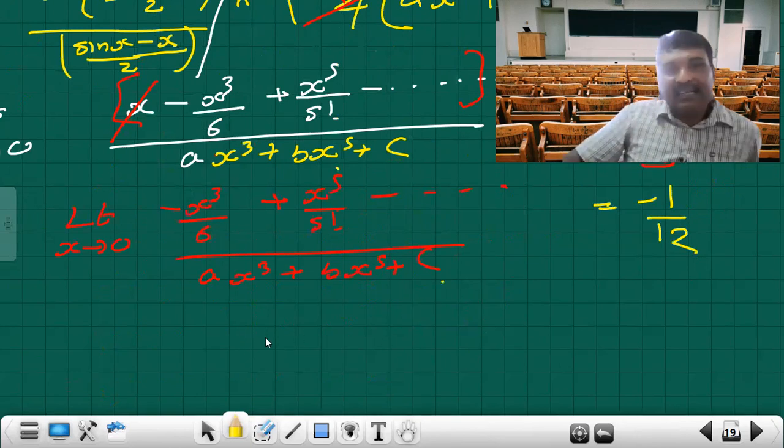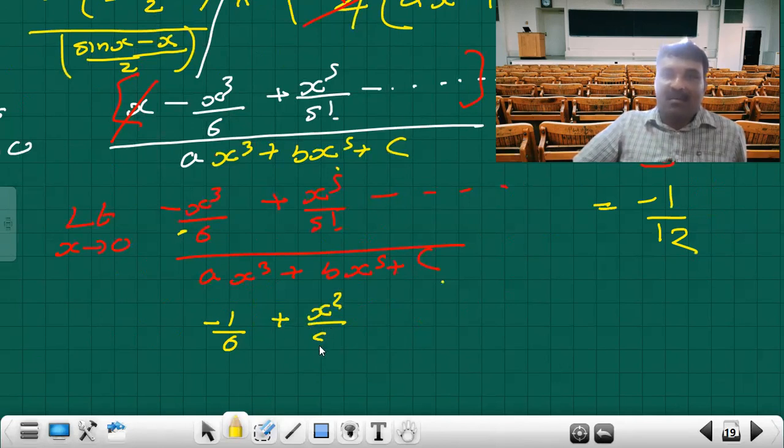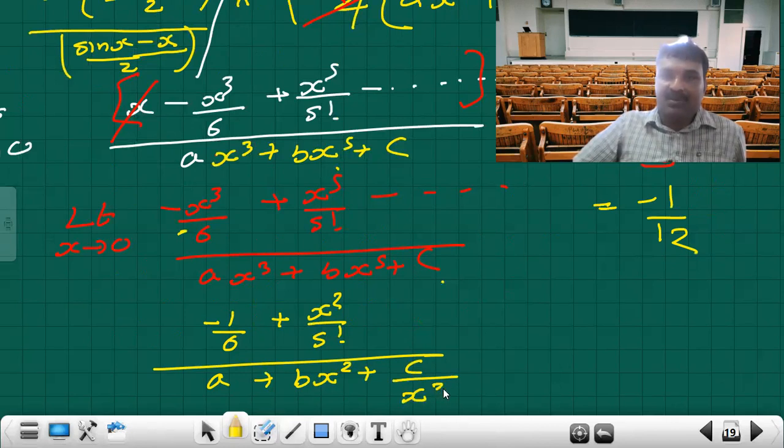Now we can take x cube common, right? So dividing numerator and denominator by x cube, this becomes minus 1 by 6 plus x square by 5, and in the denominator this term becomes a plus b x square plus this term becomes c by x cube.